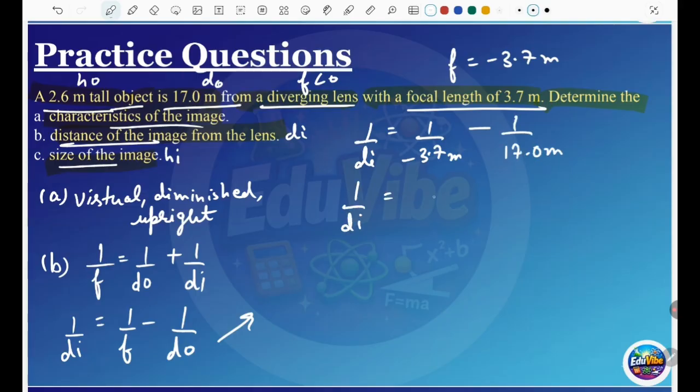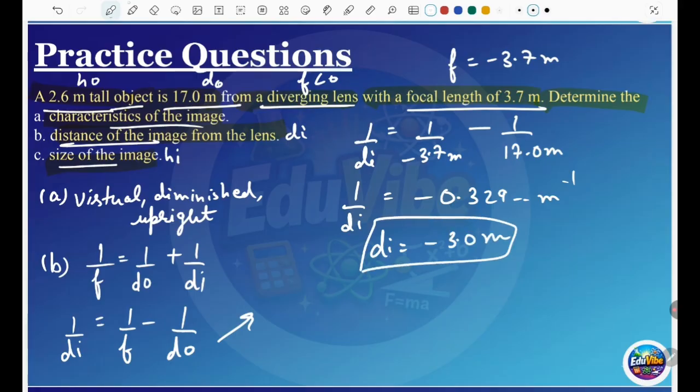So 1 upon DI you get minus 0.329 meters inverse, and taking the reciprocal of this, you get minus 3.0 meters, your DI. That negative sign represents that this is a virtual image, because we have a divergent lens. So you have two parts done.